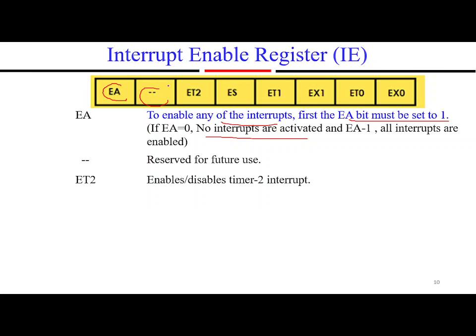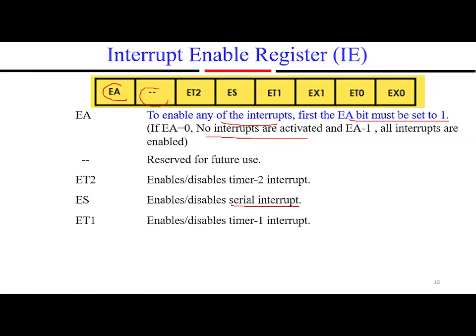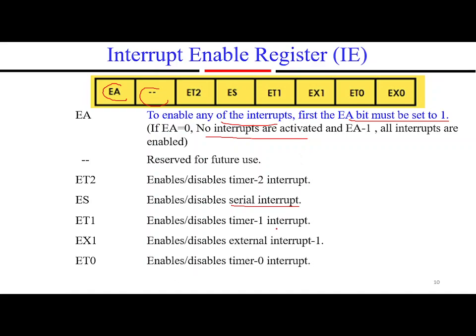ET2 is the timer 2 interrupt. It can be enabled or disabled. ES stands for serial interrupt. ET1 is for timer 1, EX1 is for external interrupt 1, ET0 is for timer 0, and EX0 is for external interrupt 0. So these can be enabled or disabled individually.